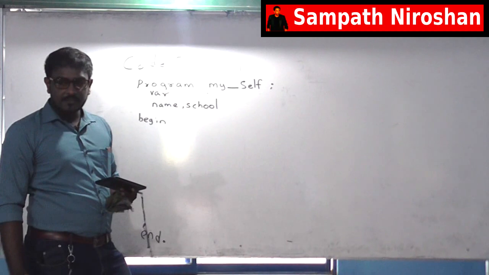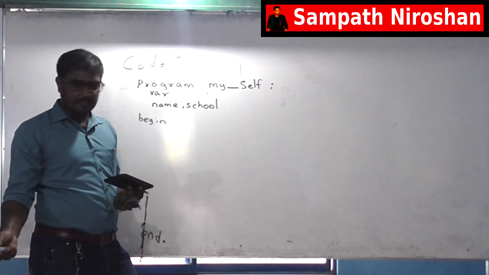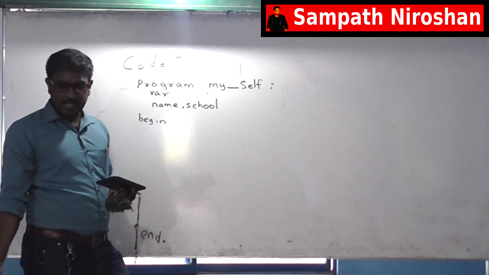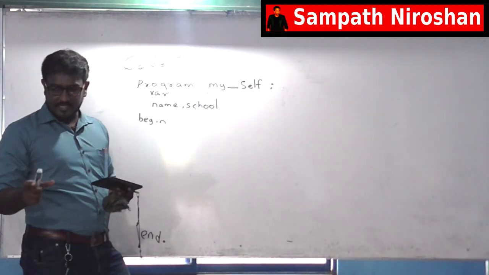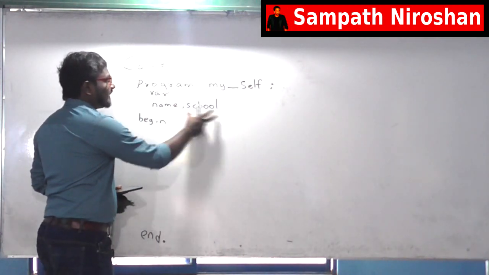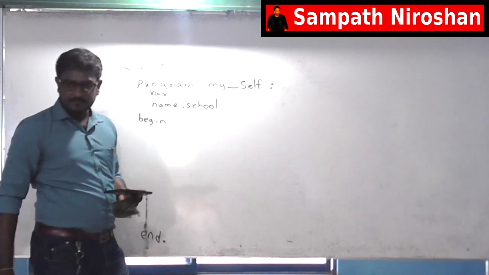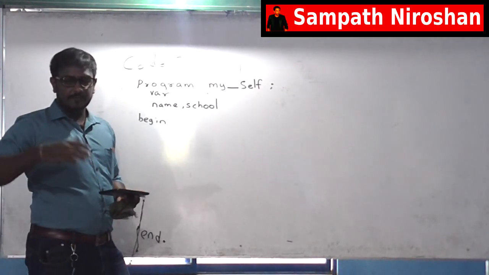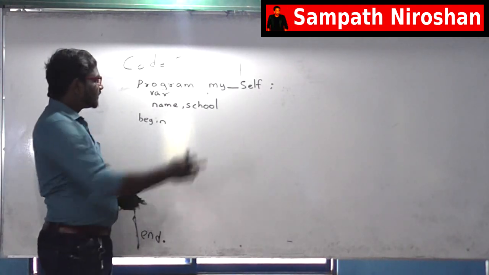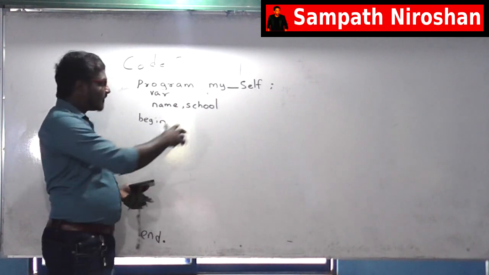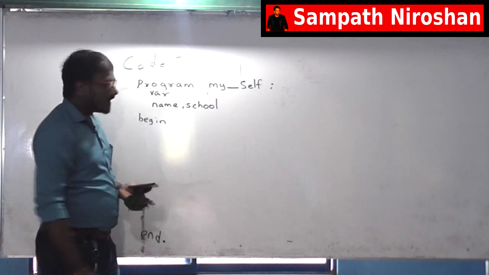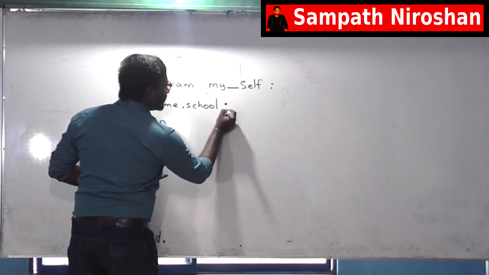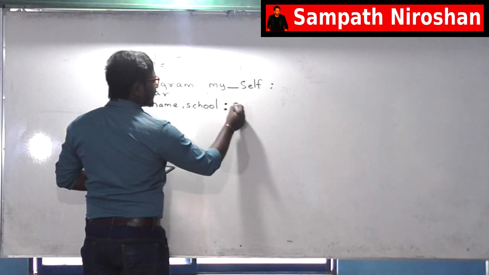So when you have 2 or more variables in the same data type, you don't have to declare them individually, and you can declare them as a list separated by commas. So right here, out of the 4 variables, 2 variables are in the string type, so I'm going to list them with a comma, and I'm going to declare them using the colon in the string type.